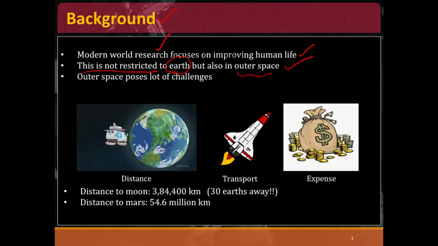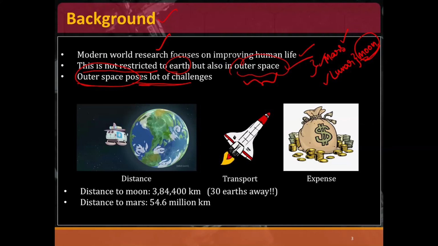When we mention outer space, especially in this video and the video series, it's mainly to do with constructing structures on the surface of Mars or on the surface of the Moon. The Moon is also called lunar. So whenever you come across the words outer space in this video series, that has more to do with construction on Mars and the Moon.